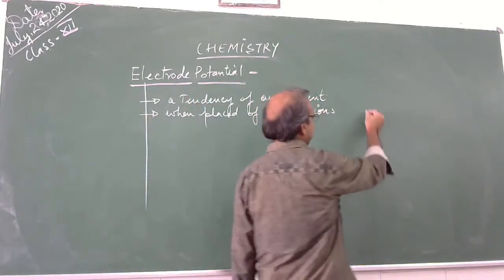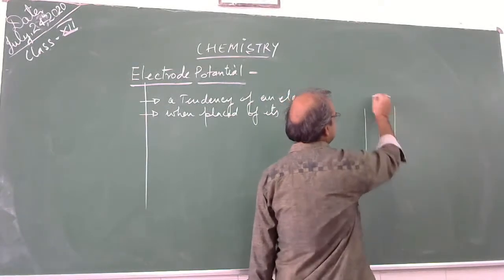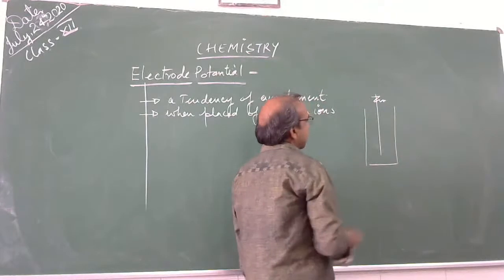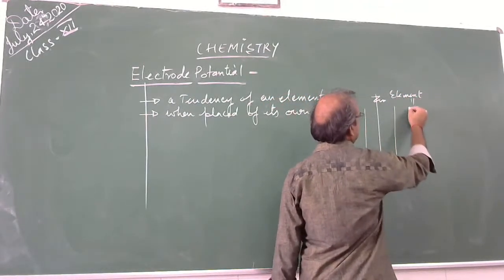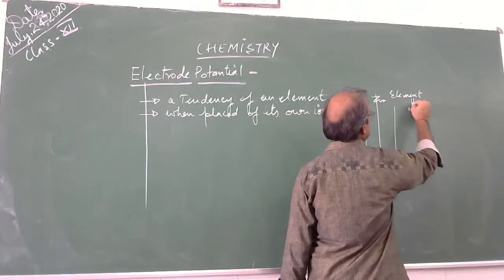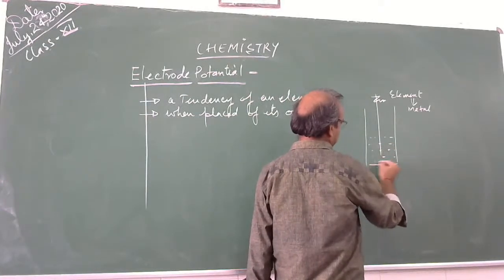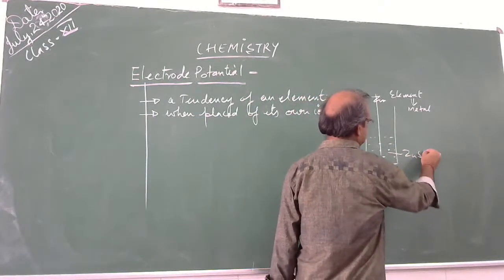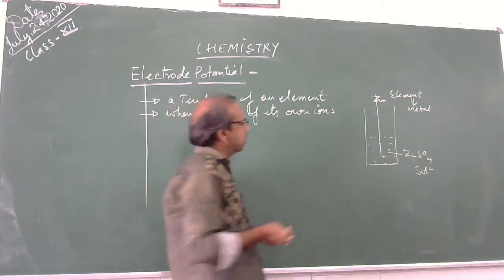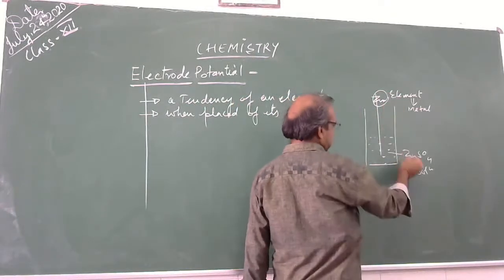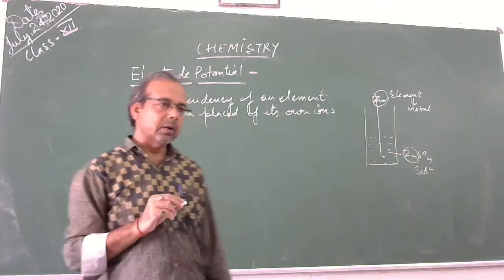Suppose this is a container and there is a zinc element, or you can call it zinc metal, and this is placed in zinc sulfate solution. So this zinc and this zinc sulfate, the zinc ion Zn2+ is a common ion.